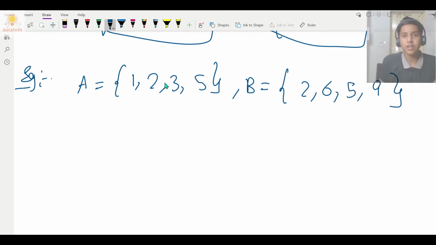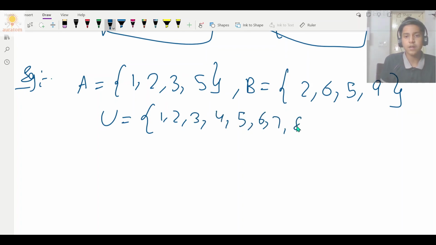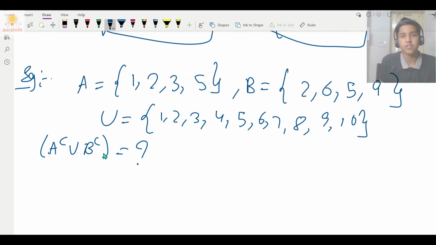And since we are dealing with De Morgan's laws, we need a universal set, right? So the universal set is going to be 1, 2, 3, 4, 5, 6, 7, 8, 9 and 10. So the question is, what is A complement union B complement? This is the question that we are going to solve now. So let's solve it now.